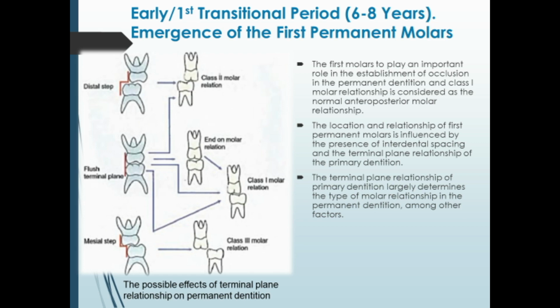In the presence of flush terminal plane, the first permanent molars initially assume a cusp to cusp or end-on molar relationship as they erupt distal to the second primary molars. The lower first permanent molar has to move 2-3 millimeters anteriorly in relationship to the upper first permanent molar in order to transform the end-on relation to class I first molar relation.